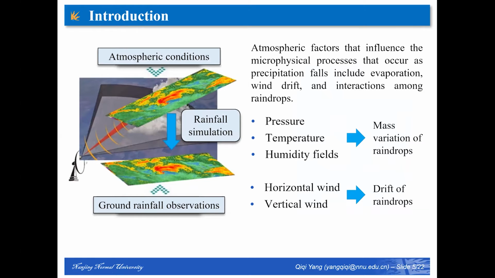The atmospheric factors that influence the microphysics processes as the raindrops fall include evaporation, wind drift, and so on. For example, the pressure, temperature, and humidity fields could lead to the mass variation of raindrops, and the horizontal or vertical wind could lead to the drift of raindrops.